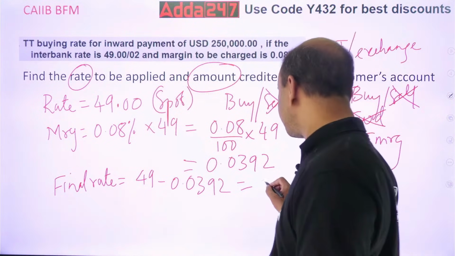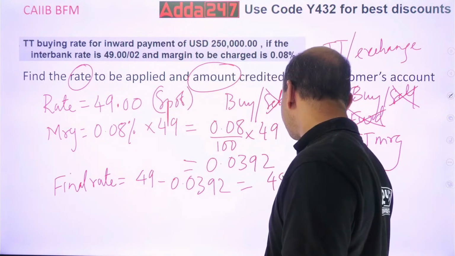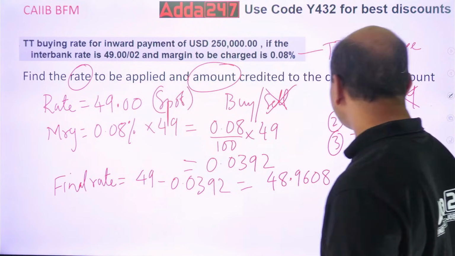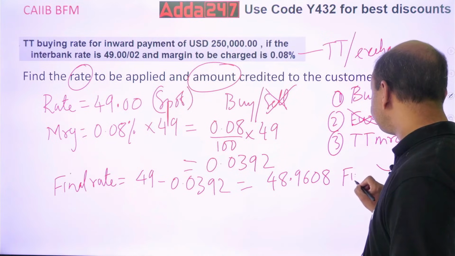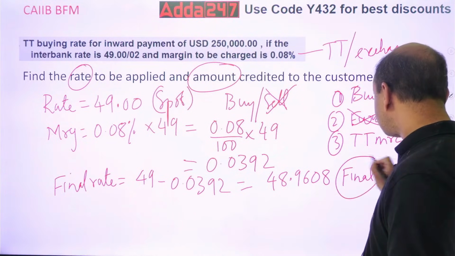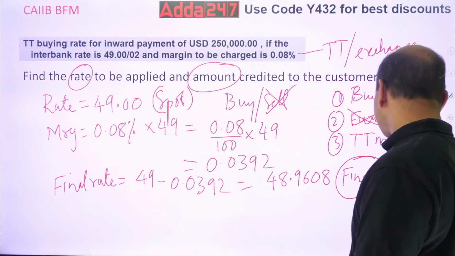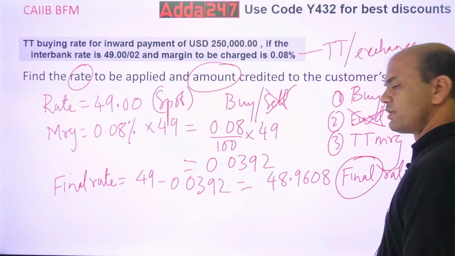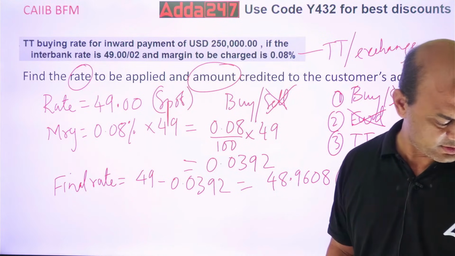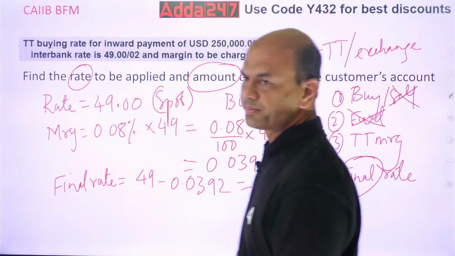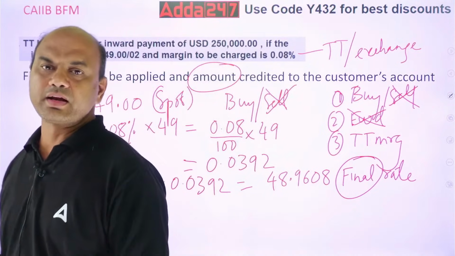Are you getting this? 48.9608. This is your final answer for the rate. See, this is for the rate only. Kindly note this. This is for the rate only. Getting it? Final rate is this.